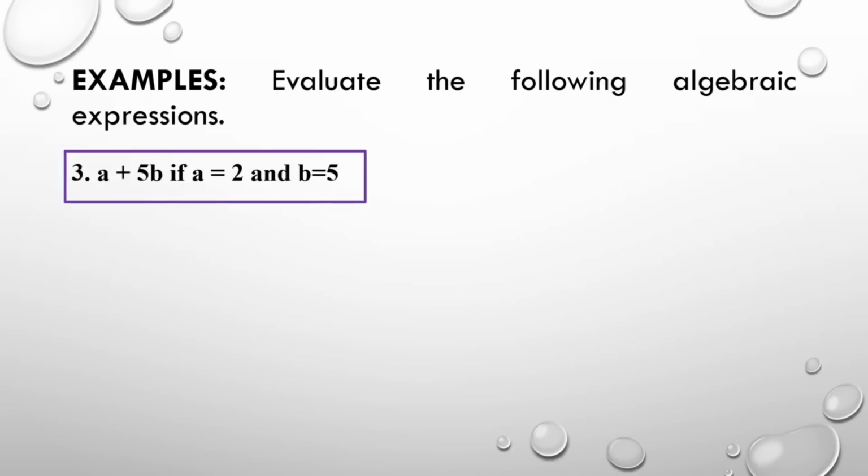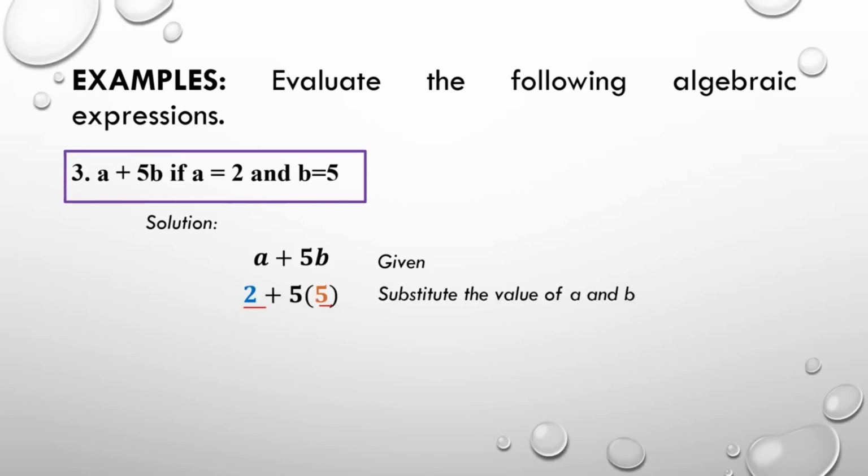Example 3, we have the expression a plus 5b. Let's find its value if a is equal to 2 and b is equal to 5. Again, let us copy our expression a plus 5b. And then we substitute the values of a and b. So we have 2 plus 5 times 5.